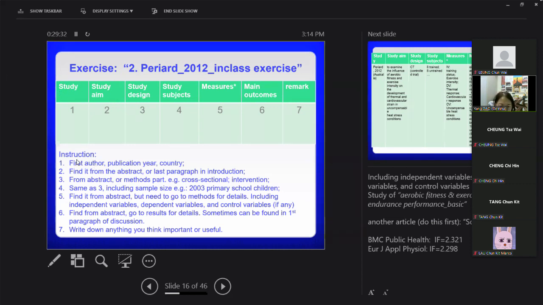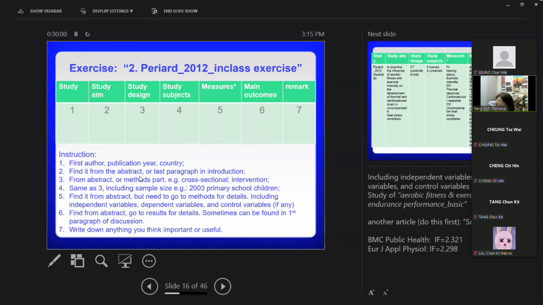For example, here is the instruction. For study, you may write down the surname of the first author, the publication year, and the country. Put this information here. In terms of the study design, find it. Usually, you can find this information by reading the abstract.